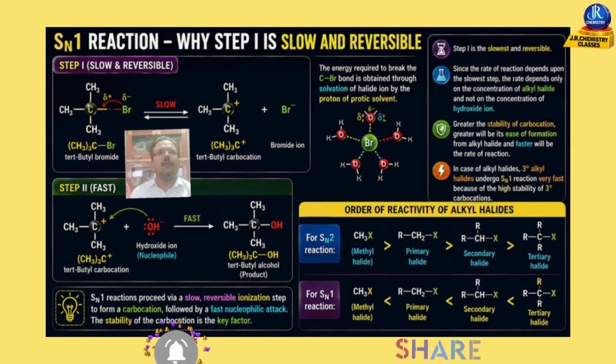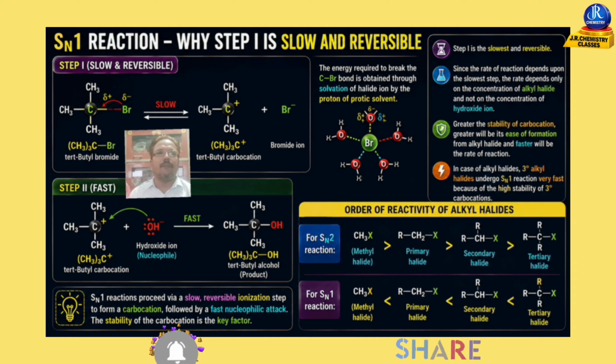Further, the greater the stability of the carbocation, the greater will be its ease of formation from the alkyl halide, and the faster will be the rate of reaction. In case of alkyl halides, 3-degree alkyl halides undergo SN1 reaction very fast because of the high stability of 3-degree carbocations.